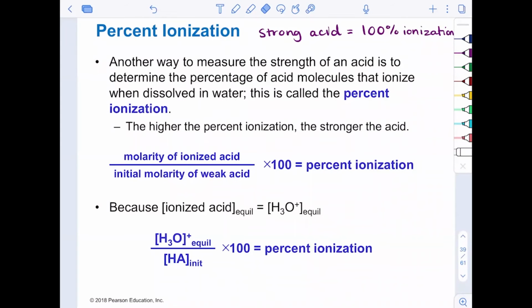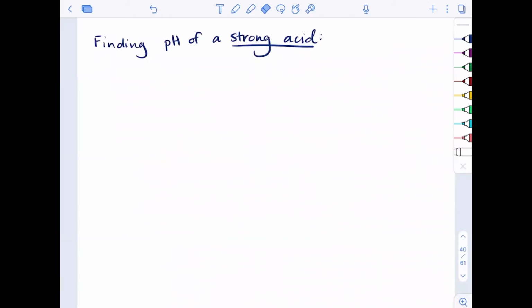So in order to figure out what the pH is of a solution, we do need to know a couple of different things. We need to know whether the acid is strong versus weak. If we have a strong acid, it will always 100% dissociate or 100% ionize.